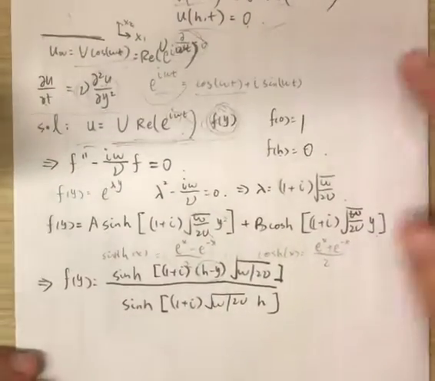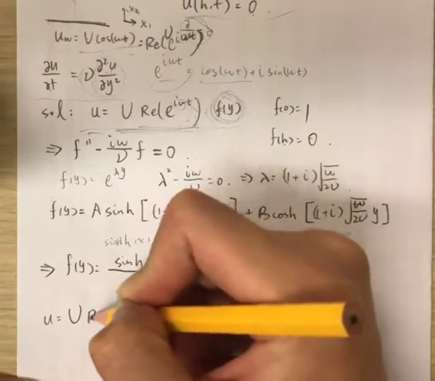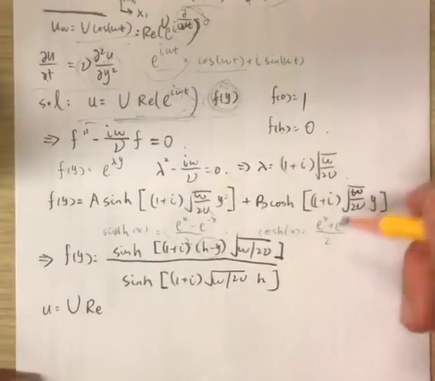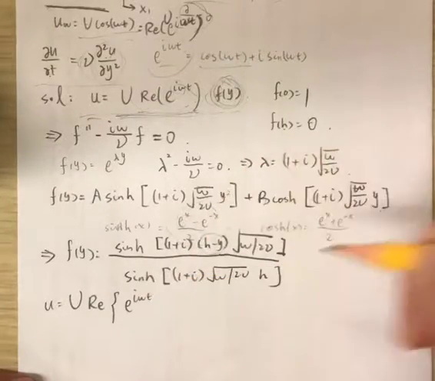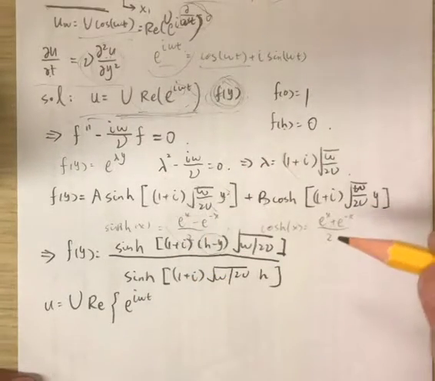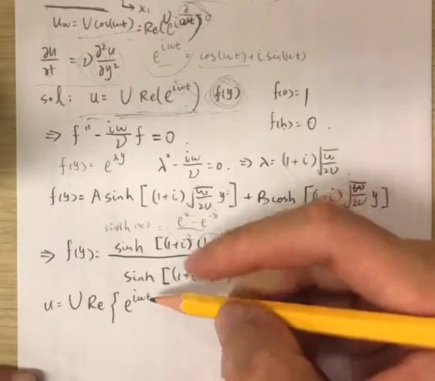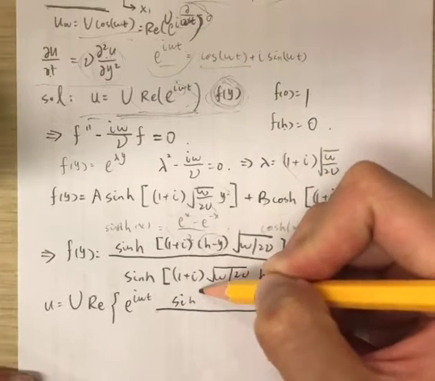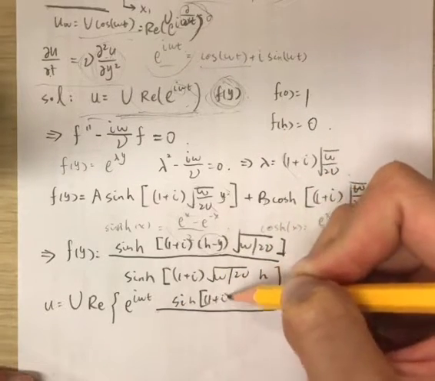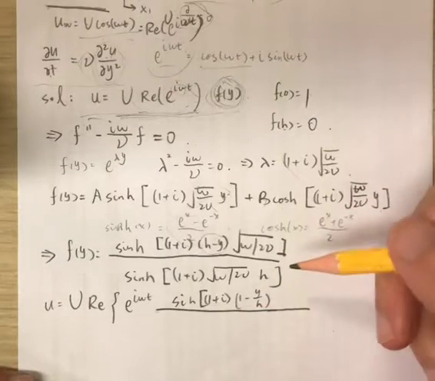What should u be like? U should be capital U times the real part of e to the power of i omega t times f(y), right? 1 plus i, 1 minus i, 1 minus y over h.